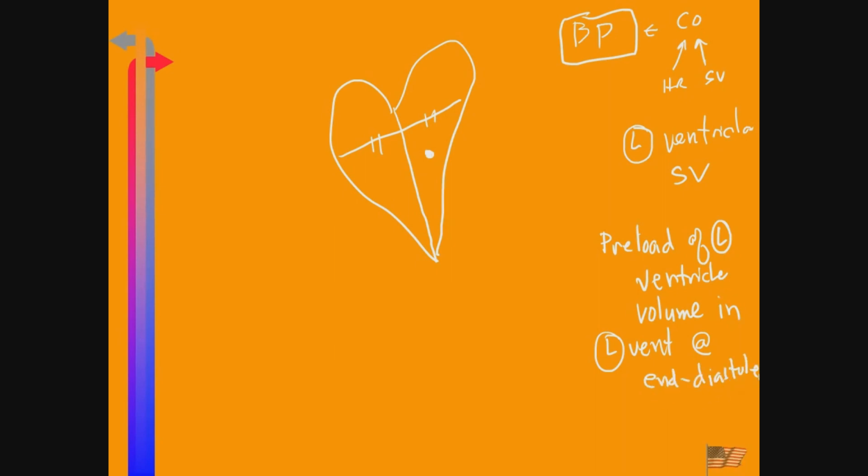Just prior to the contraction, the mitral valve opens up and dumps all the blood from the atrium into the ventricle. The ventricle is getting bigger and bigger as it fills. Now at end diastole, it's got a certain amount of volume in there, a certain amount of stretch, ready to be pumped out.